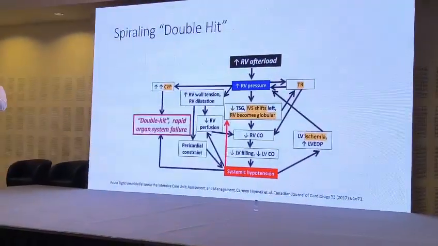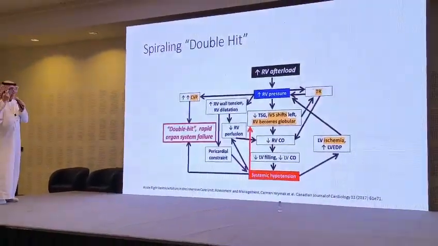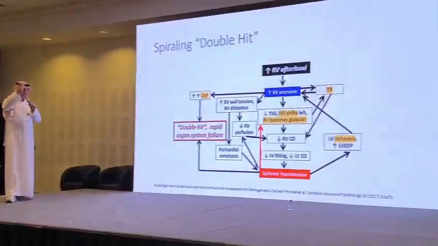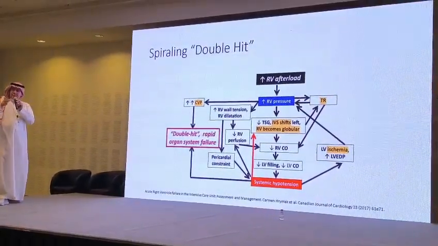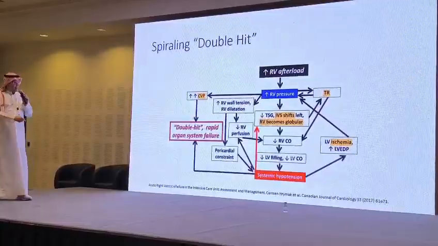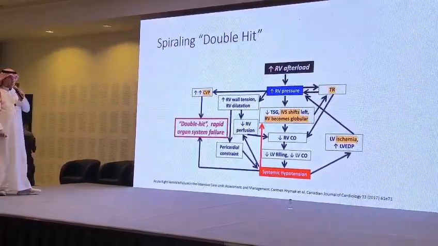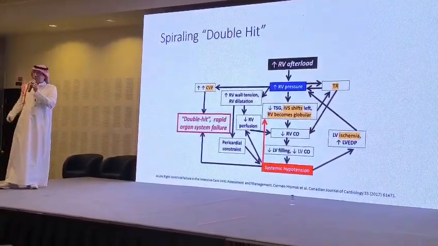Third, the geometric changes in the right ventricle, by which I mean the globular change in shape as well as the septal shift. And then eventually the drop in MAP, which causes coronary perfusion problems and ischemia.